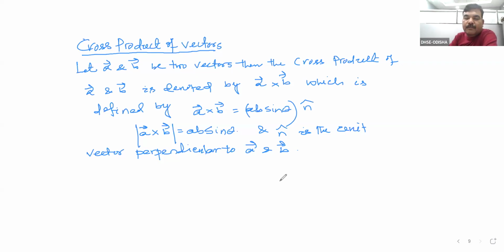Suppose this is vector A bar and this is vector B bar. Theta is the angle between A bar and B bar. So vector n cap, this is n cap, is perpendicular to the plane.